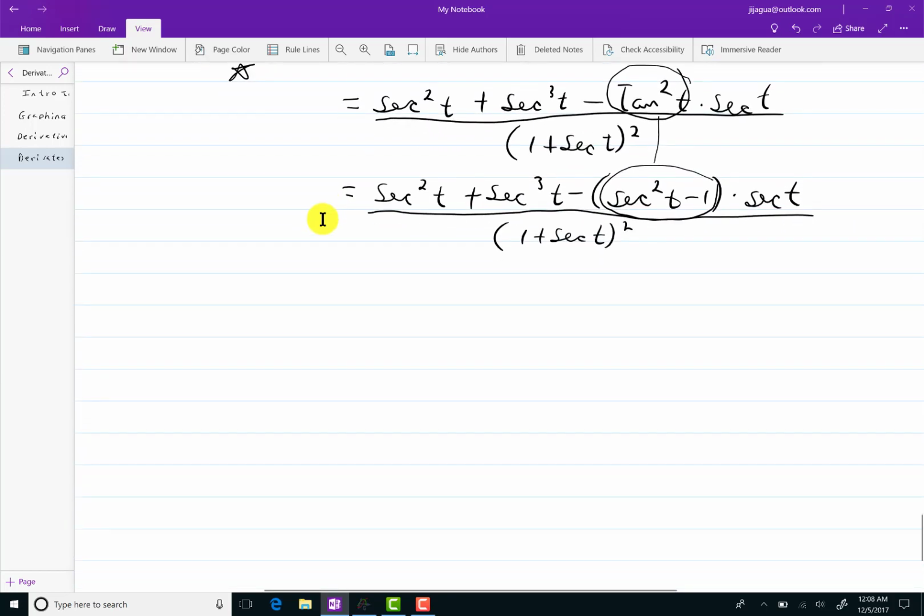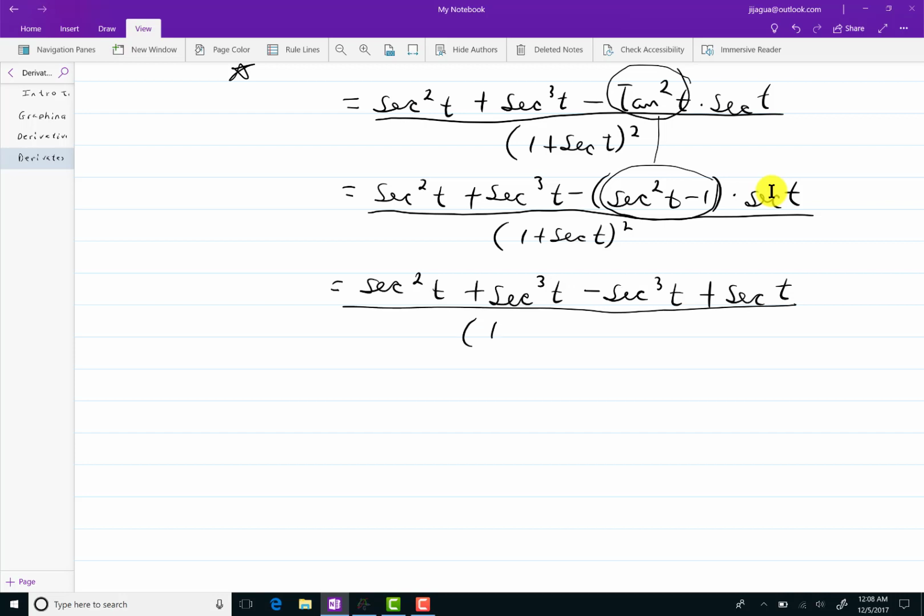All right, let's continue here. I have this equals secant squared of t plus secant cubed of t, and then minus secant squared times secant gives me minus secant cubed of t. And then finally I have minus secant t, so plus secant t, all over 1 plus secant t squared.